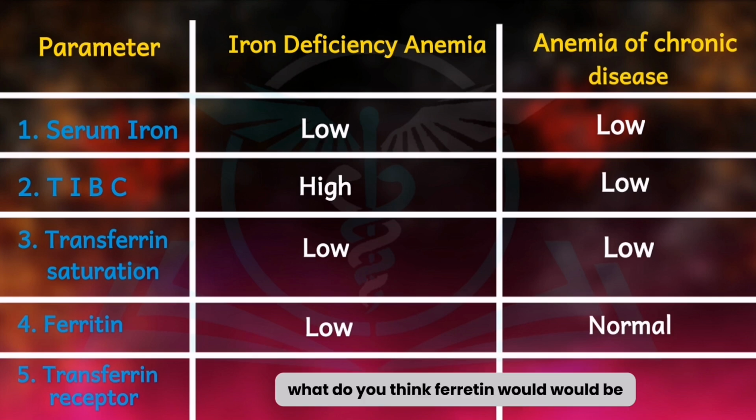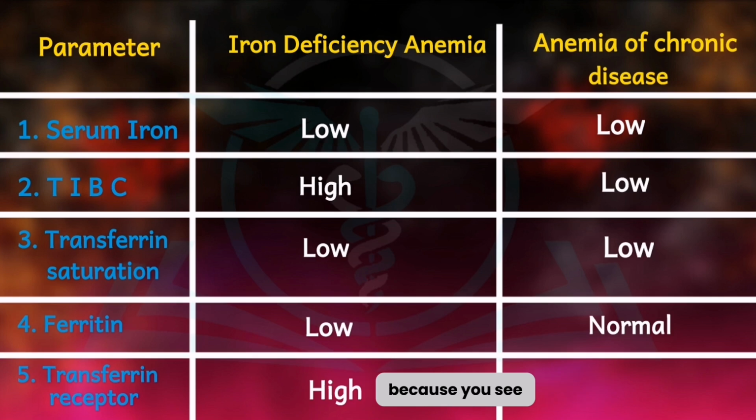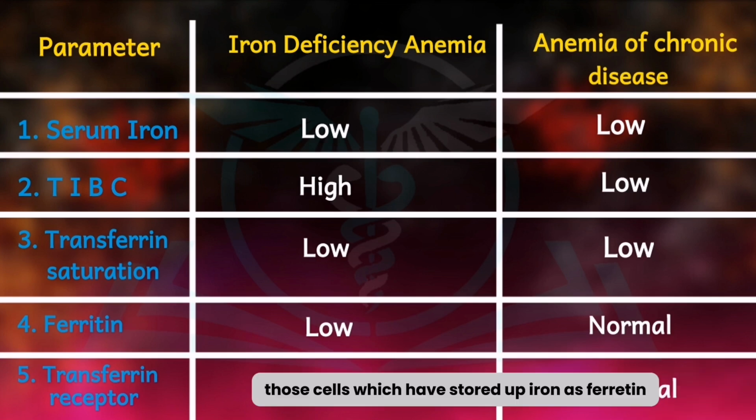What do you think ferritin would be? The ferritin is expected to be normal because it's not like we are deficient in iron, like in iron deficiency anemia. What is happening is that because of hepcidin, those cells which have stored up iron as ferritin can't release it out as iron, and so the ferritin levels will be normal.